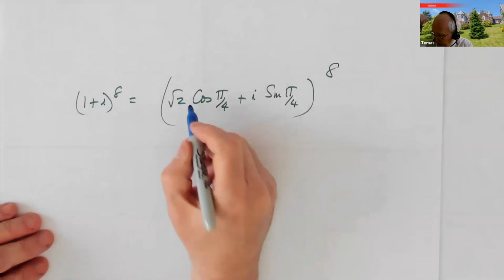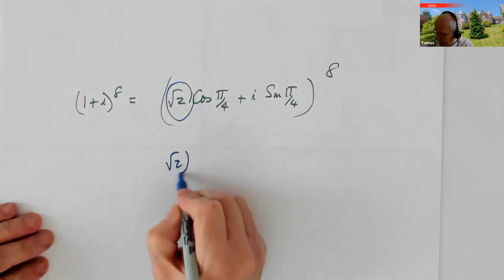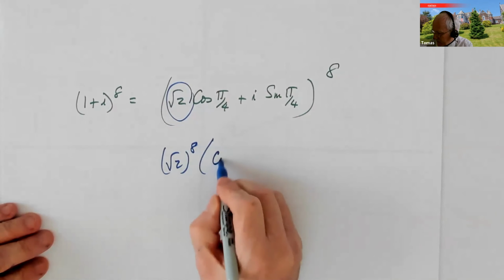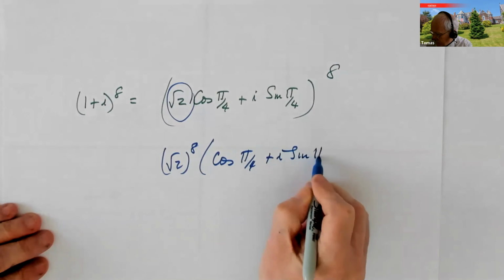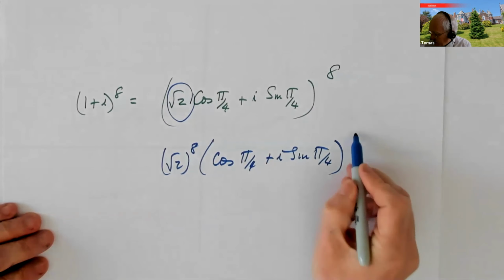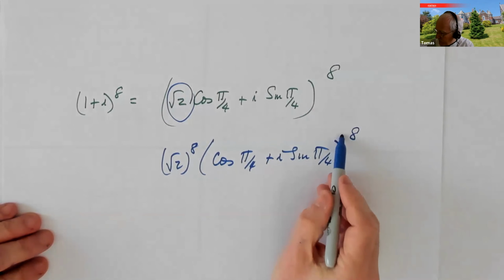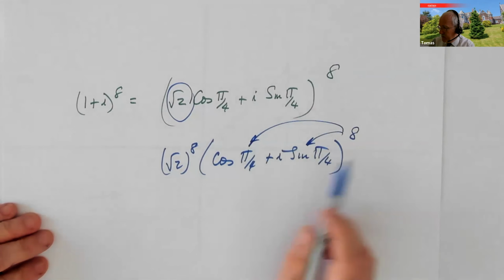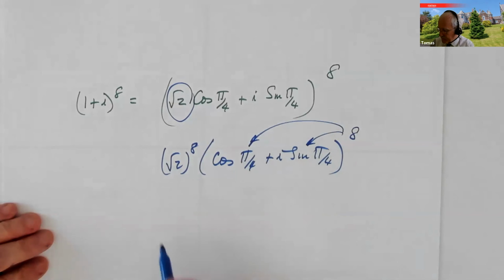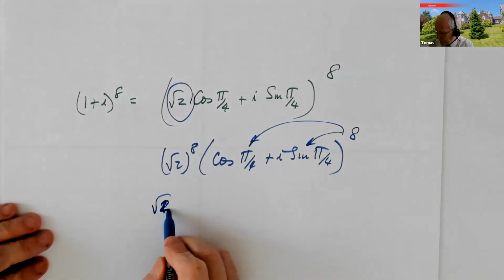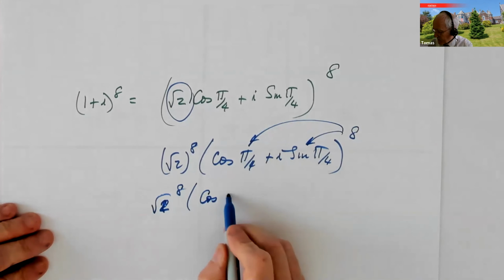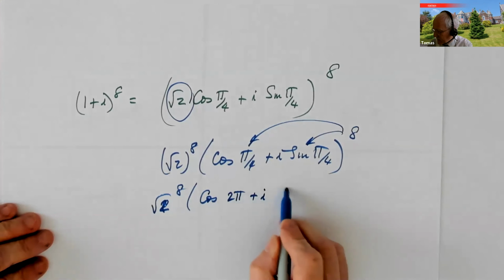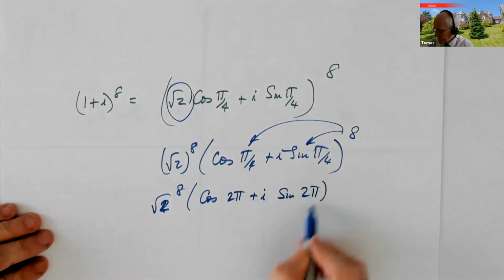We can take this part and say root 2 to the power of 8 times cos pi over 4 plus i sine pi over 4 to the power of 8. And with de Moivre, we can take it down and multiply the 8 in there. So it's root 2 to the power of 8 times cos 8 pi over 4, which will be 2 pi, plus i sine 2 pi.